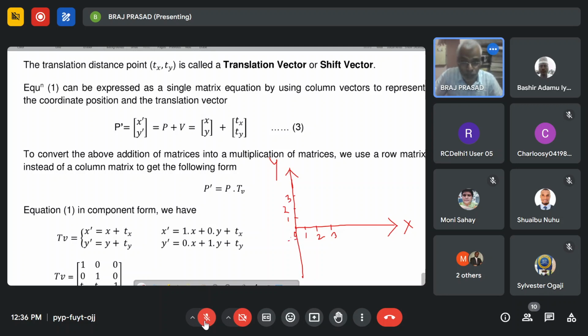I think it is clear to you that on graph paper, the upper part is positive and the lower part is negative. Similarly, on the graph, the right hand side is positive and the left hand side is negative. I think you know.